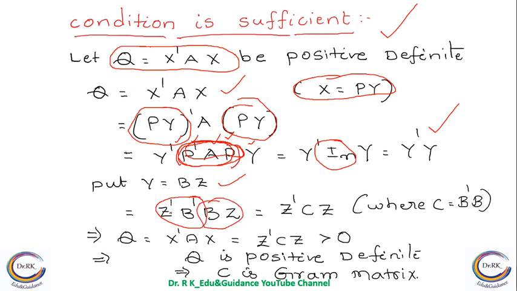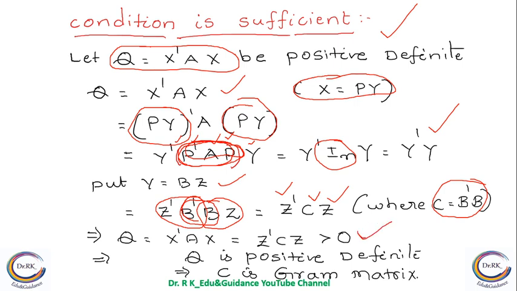Now this can be written as Z transpose into this combination B transpose B, right? So that is Z transpose C into Z, where C is B dash B.